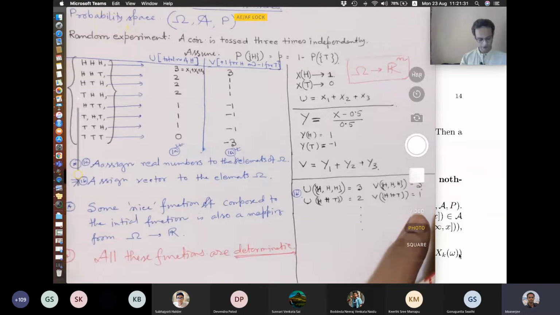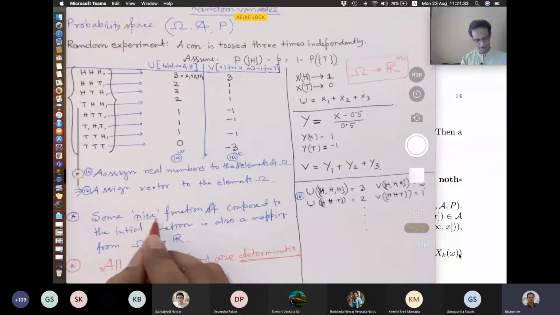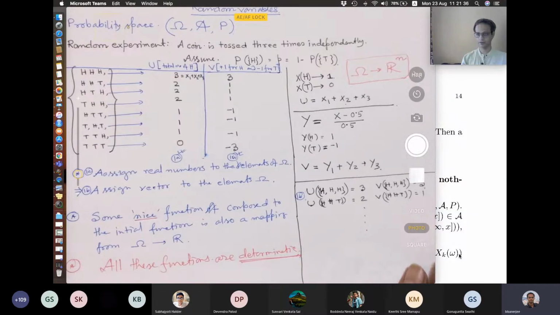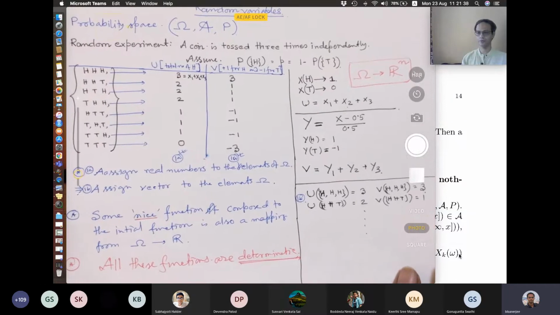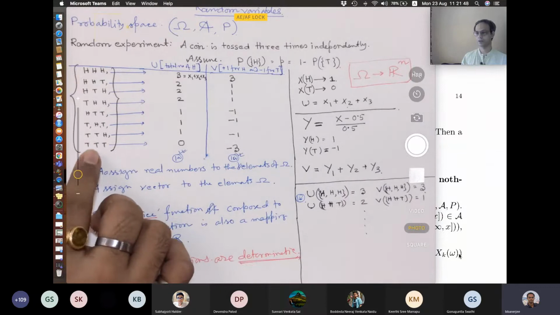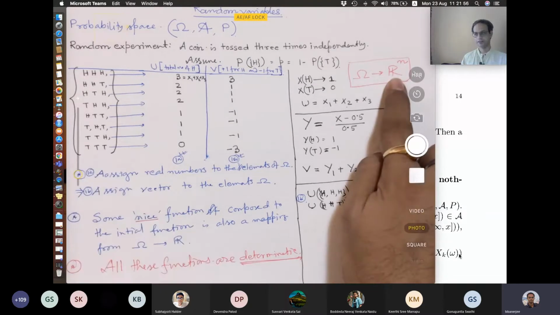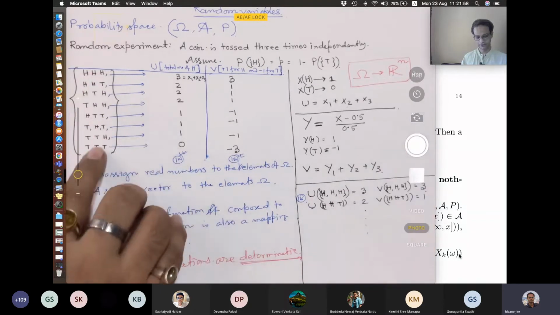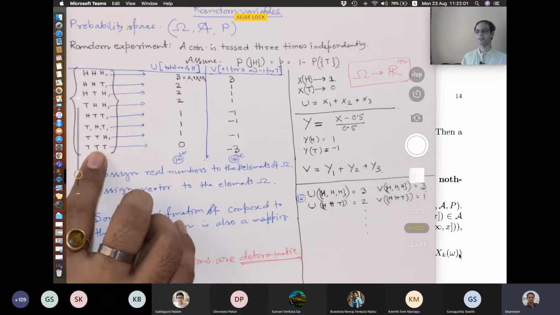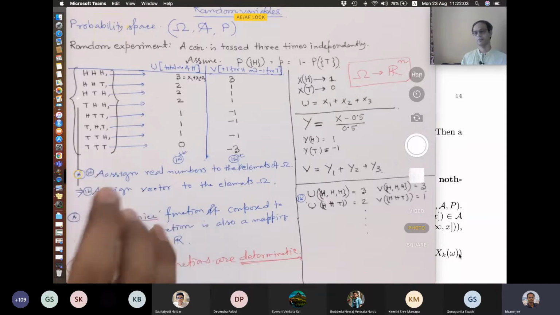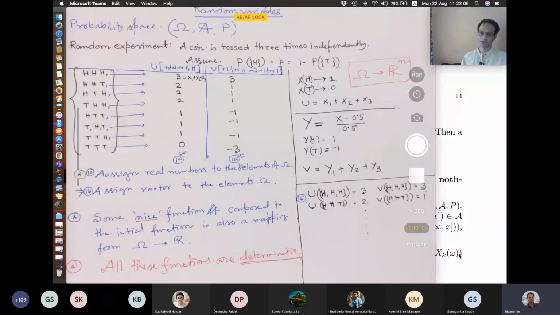Here I have not explained this term nice. We don't have the scope to define it mathematically here, but we will try to explain what it means. The idea is this: whatever the outcome of a random experiment, we will assign a real number or vector to each element of this set, and then we will deal with those numbers or vectors.